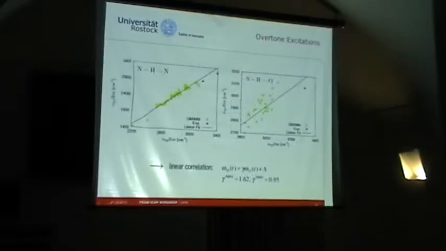Okay, how can you get them? Well, we looked for a simple correlation which makes it possible to efficiently get these correlation functions on the fly along the trajectory. And what we found is that there's a pretty nice linear correlation between the fundamental transition and the overtone transition. Here for the NH...N case, it's not that good for the NH...O case, but still it's reasonably described.